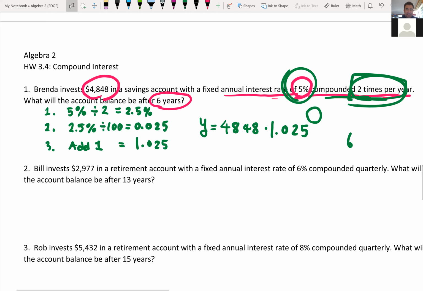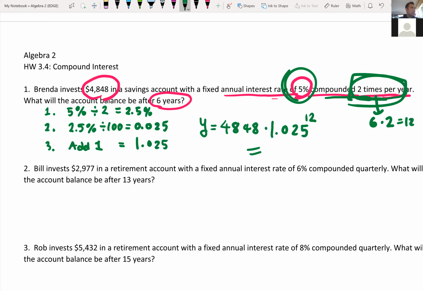So 6 times 2, you're going to receive interest 12 times for the duration of 6 years. It's going to be 12.